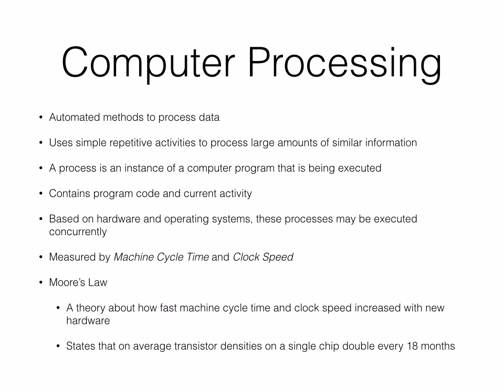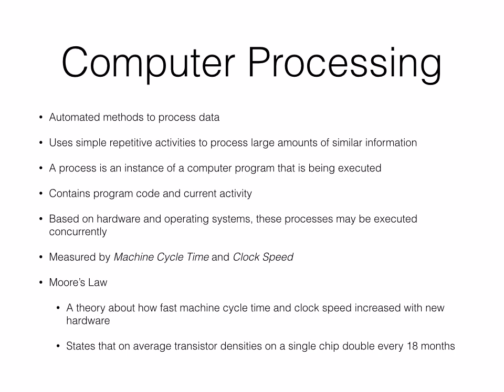But first we're going to talk about computer processing and the automated methods to process data, as that's effectively all that it is. Computer processing, as complex as it may seem, is just the assemblage of a number of different very simple tasks. At its most basic level it is just simple repetitive activities that process large amounts of similar information.